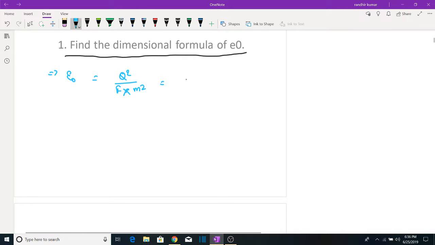I square into t square upon force, mass into L to the power minus 2 into t to the power minus 2 into L square, so that I square t to the power 4 m to the power minus 1 and L to the power minus 3.